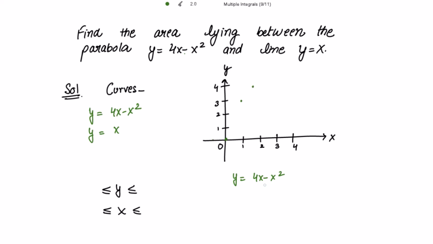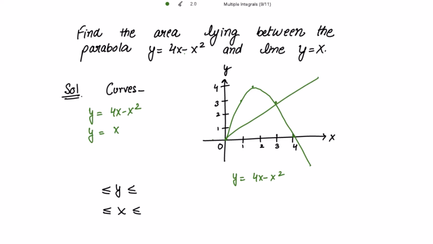For x equal to 3, I get y equal to 3, so this point. And for x equal to 4, I get y as 0, so this point. So your parabola is like this, right? And the line y equal to x is this.